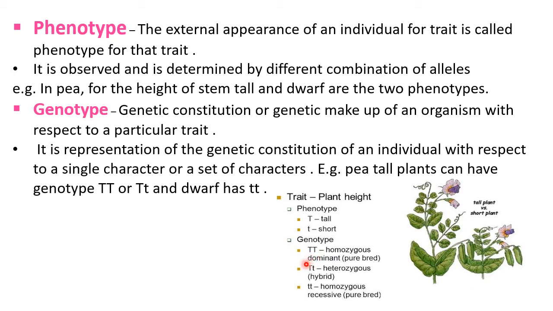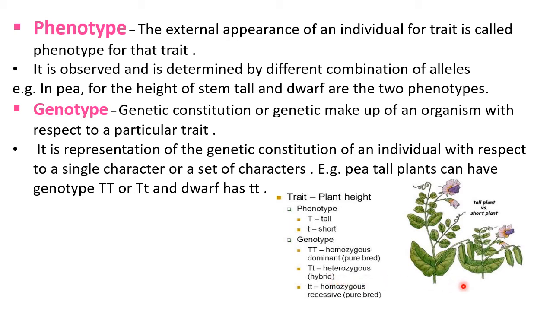It is one of the dominant characters in pea plant. Then the second genotype found in a tall pea plant is capital T, small t, and it is called heterozygous. Now in the heterozygous condition, as the tall character is dominant over dwarf or short, it appears in the F1 generation. The plants which are produced in the F1 generation are called hybrid plants.